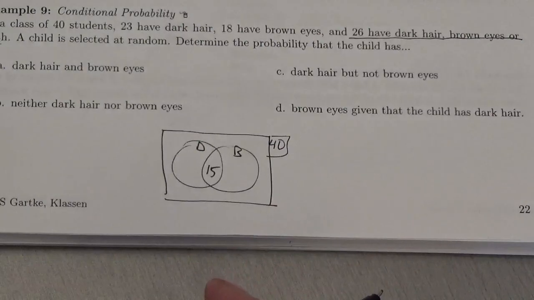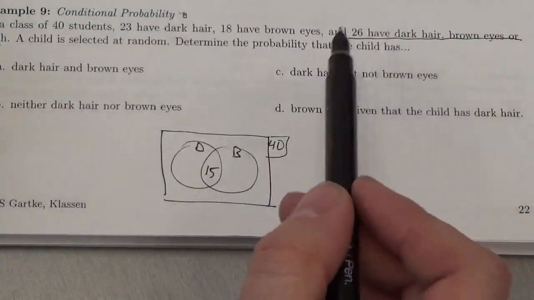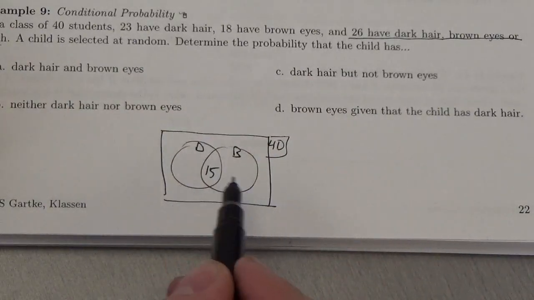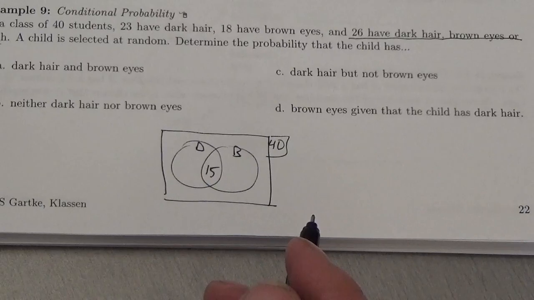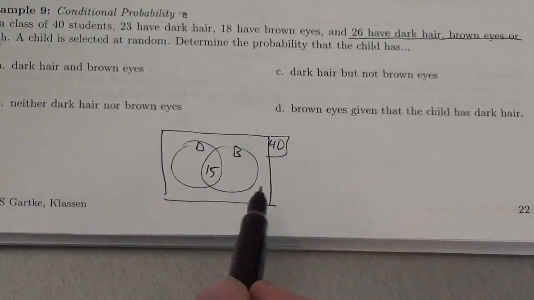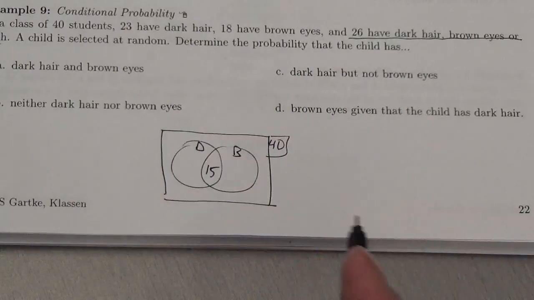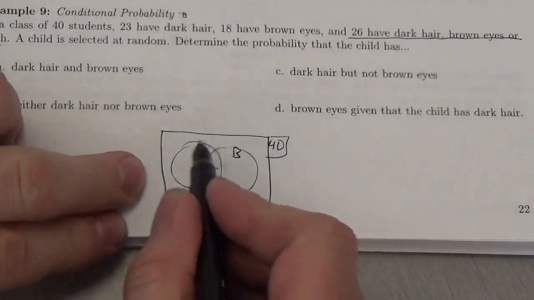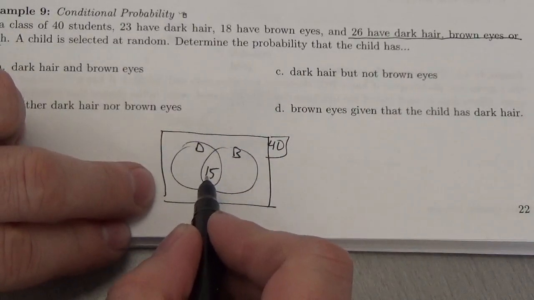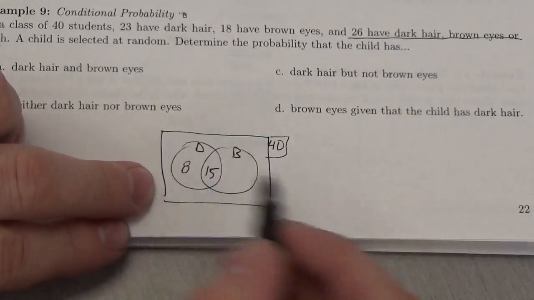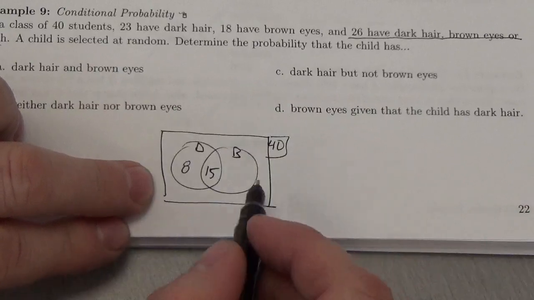And we've talked about that before, the way that overlap works. I'm glad that they gave us the union of the two sets here, because I don't know how many people are outside both of those sets. In a previous question, there was nobody outside those two sets, so I didn't have to worry about that. But here I do. Now, if there's 23 that have dark hair and 15 also have brown eyes, then there's going to be 8 that have dark hair and don't have brown eyes.